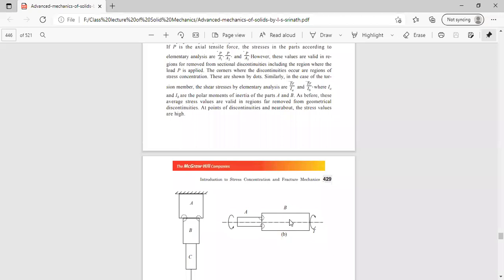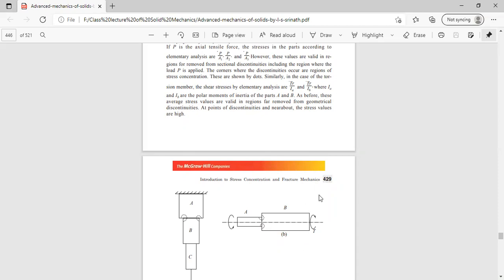So it is different from here to here, and thus the stress induced will be different. Higher the polar modulus, lower will be the stress induced. So the stress induced in this portion where the polar modulus is less will be much more than the stress induced in this portion where the polar modulus is high.